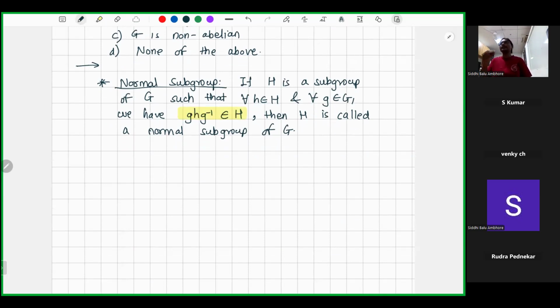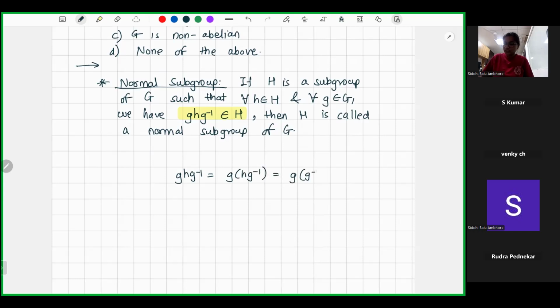So note that by the definition itself, one can see that in an abelian group, every subgroup will be a normal subgroup, because in an abelian group, this g inverse will be what? g inverse h, because see, I can write this, right?